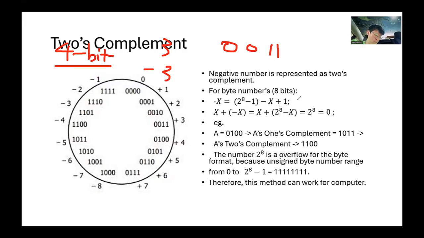Okay. So 2 to the power 4 is 16. For minus 3, you will use, I'm sorry, 13 for it. So 13 is 1, 1, 0, 1.